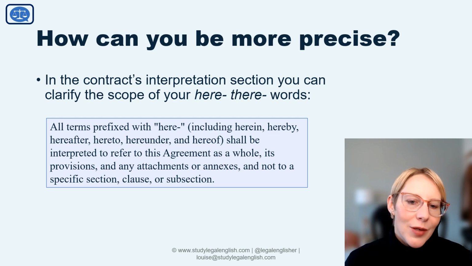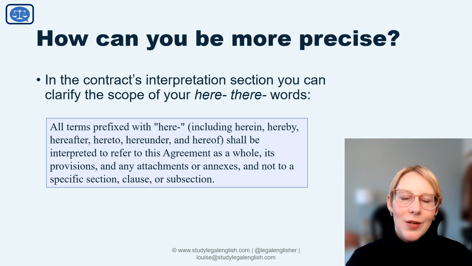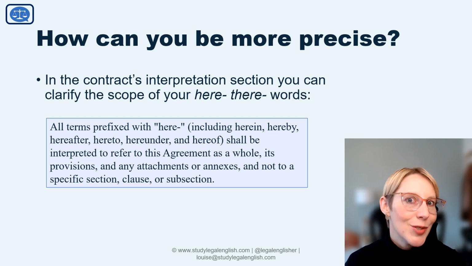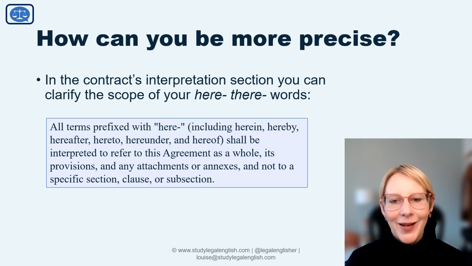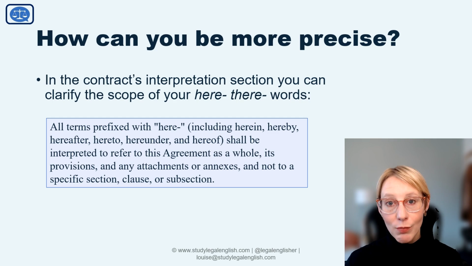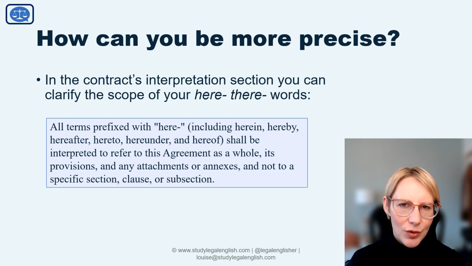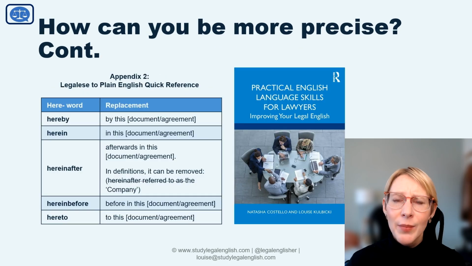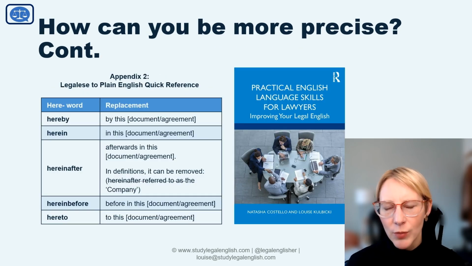Of course, you could write the opposite, that actually every time you use here or there words, you're referring to specific parts, not to the whole. If you do this, at least you are using these words with more precision. You're not just leaving their meaning open to interpretation, and there always is differing interpretations related to these words. Let me continue on this topic. How could you be more precise?